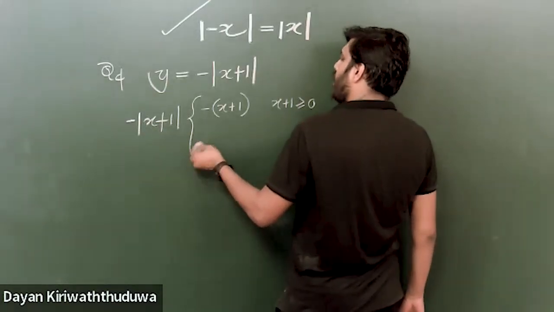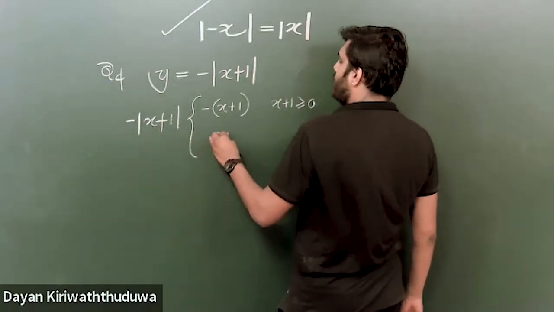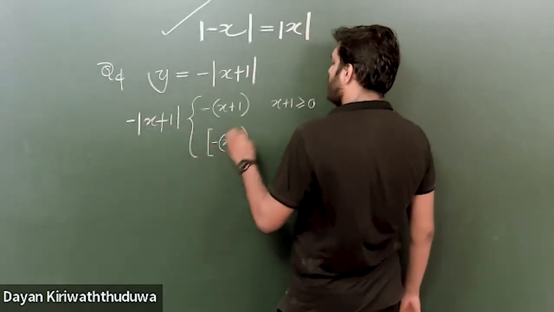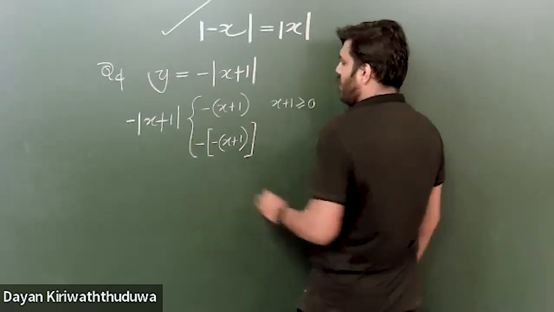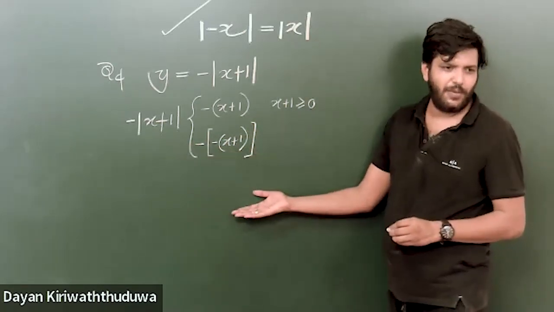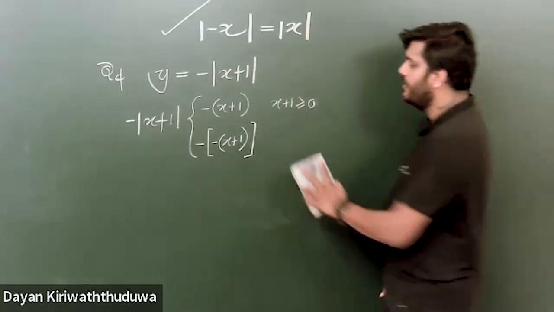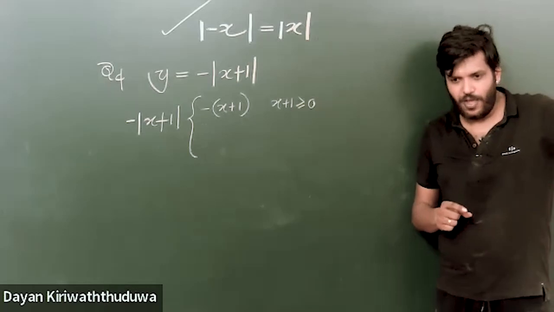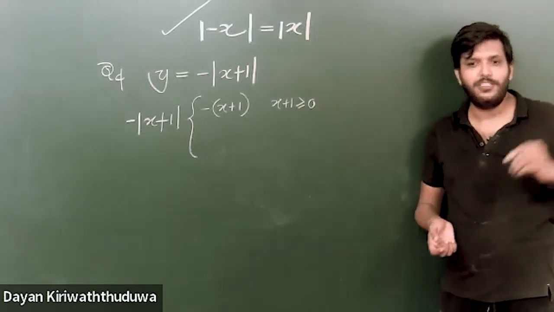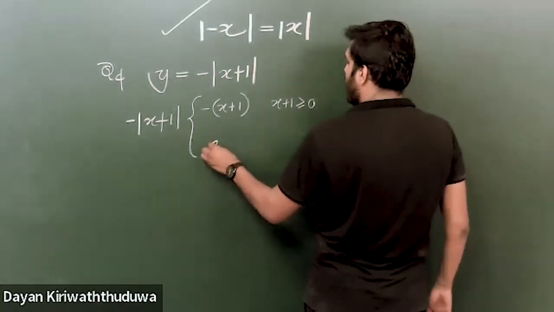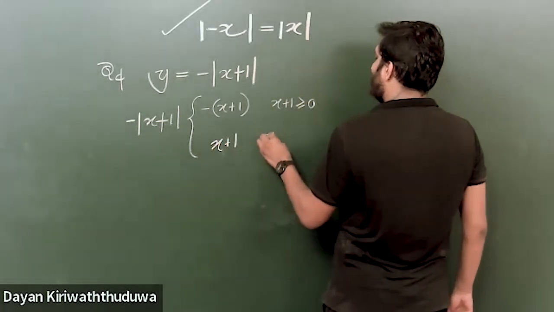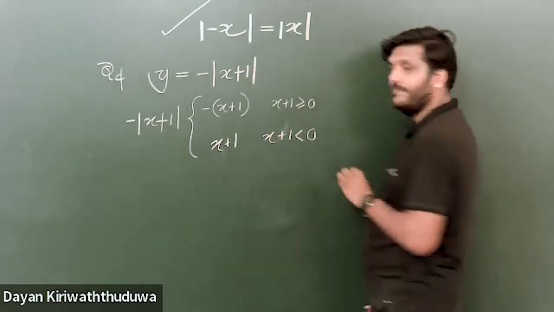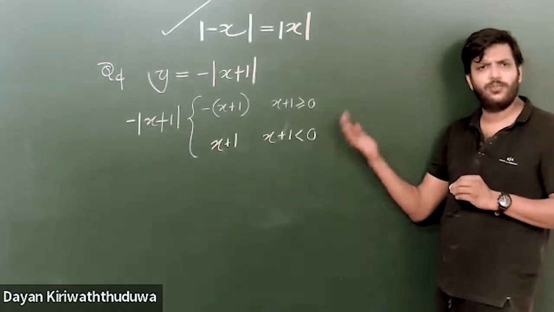Similarly, the other one is minus of x plus 1 where x plus 1 is negative. Because the negative of a negative is positive, we have just x plus 1 when x plus 1 is less than 0.